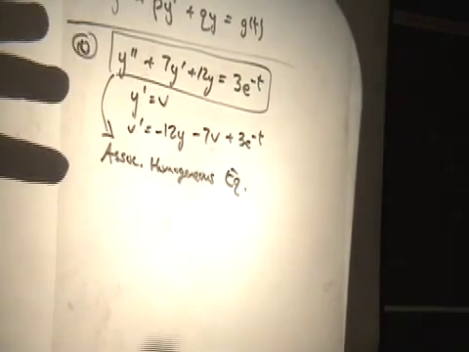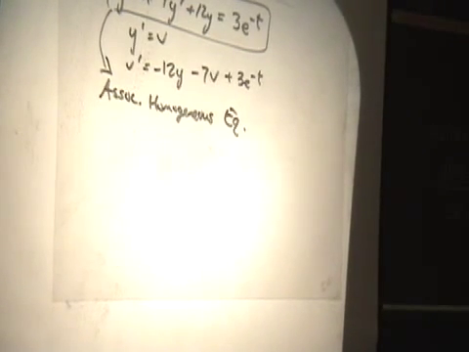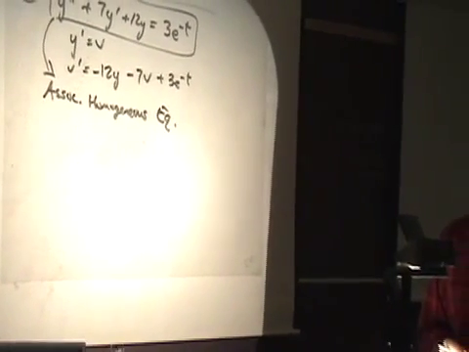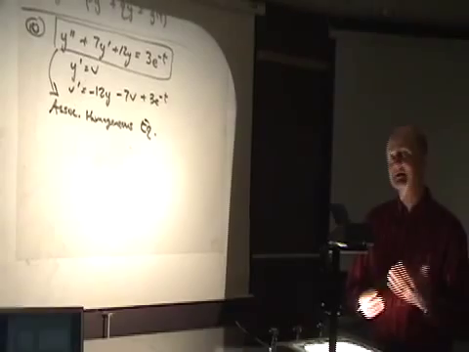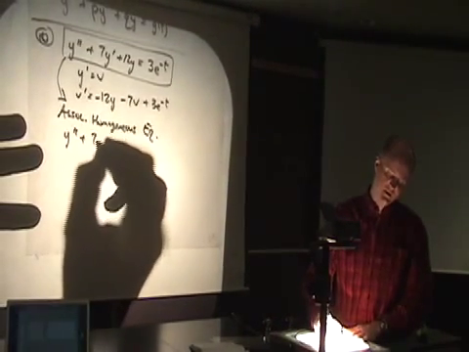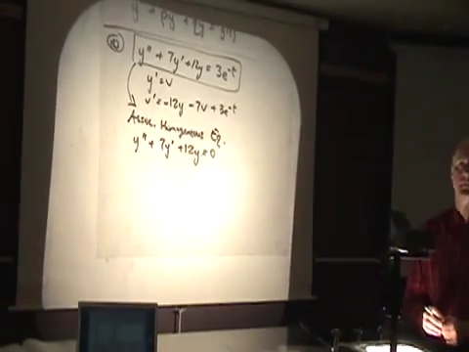The associated homogeneous equation that we get by taking the right-hand side and making it 0. It's not the same as the original equation. It's not the ultimate equation we want to solve, but it is associated. And it helps us find the solution to the original equation.